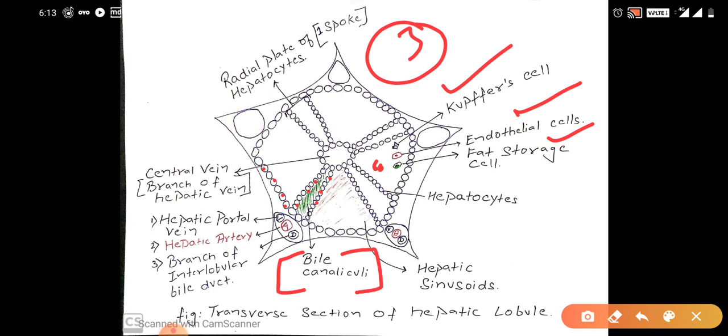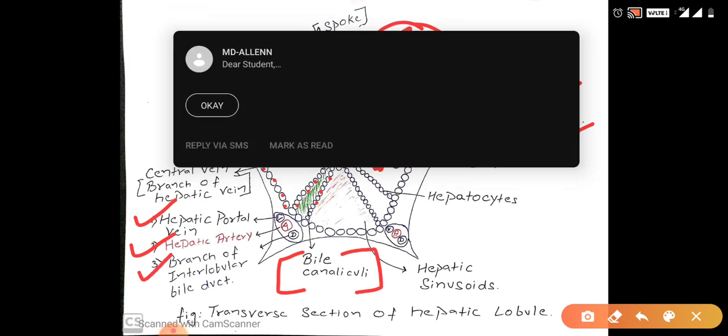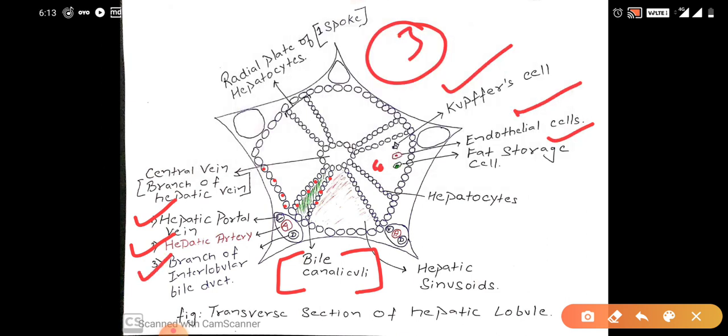The blood that absorbs the digested food. So it is coming through what? Hepatic portal vein. Okay, and the second thing, that is hepatic artery, which enters the liver because blood is the only medium. And the third thing, that is branch of interlobular bile duct. I will say about everything, just look at the diagram.